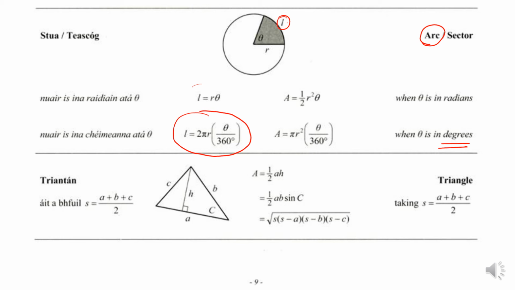All right, now what's that? Well, it's the length of a full circle, 2 pi r, multiplied by what fraction of the circle you have, so whatever your angle is out of the full circle. All right, so let's see that at work here.